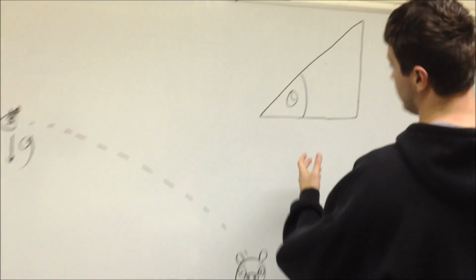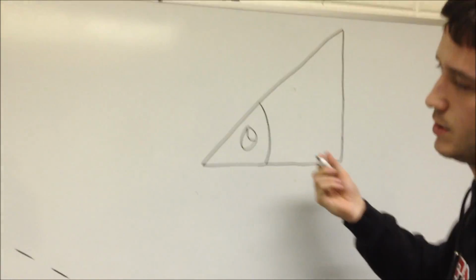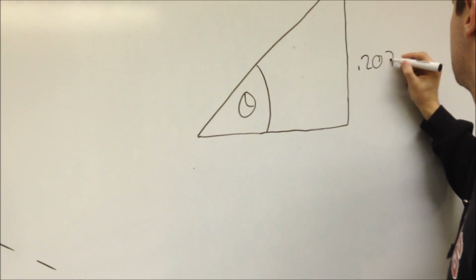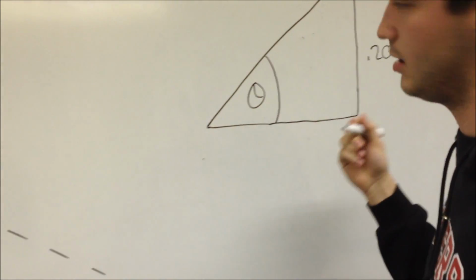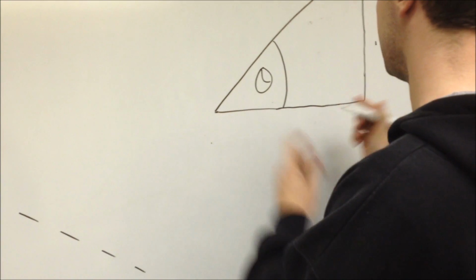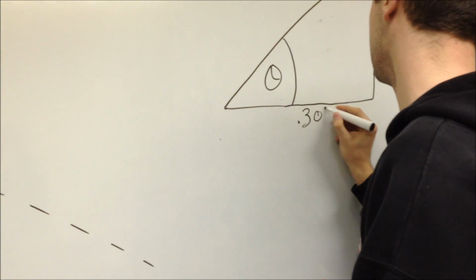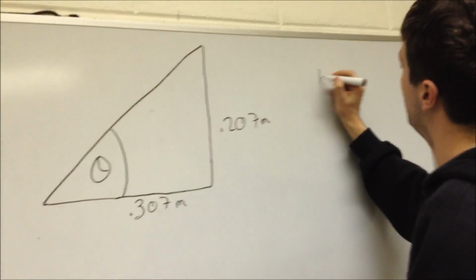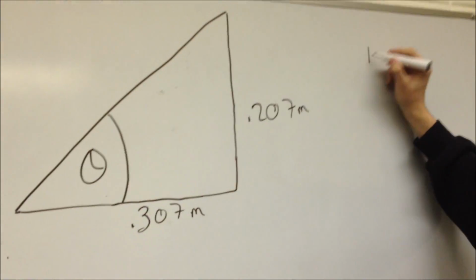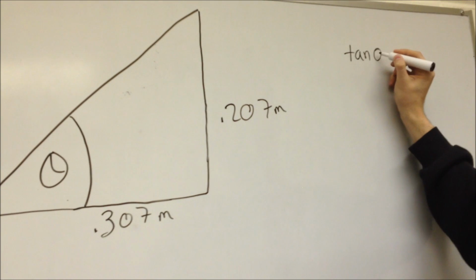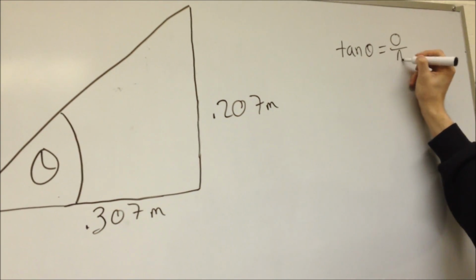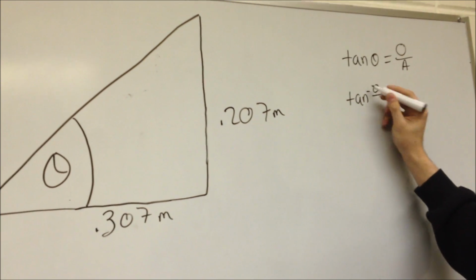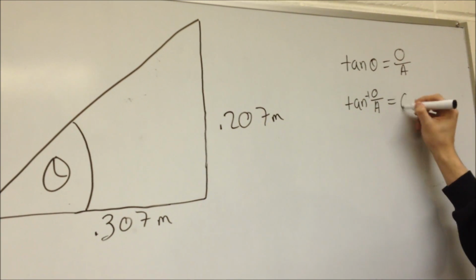In order to do that, we use simple trigonometry, which is first taking the height, which is 0.207 meters, and then we took the distance here, which was 0.307 meters, to figure out this angle, which is our initial launch angle. So the tangent of theta equals opposite over adjacent, and the inverse tangent of opposite over adjacent equals theta.